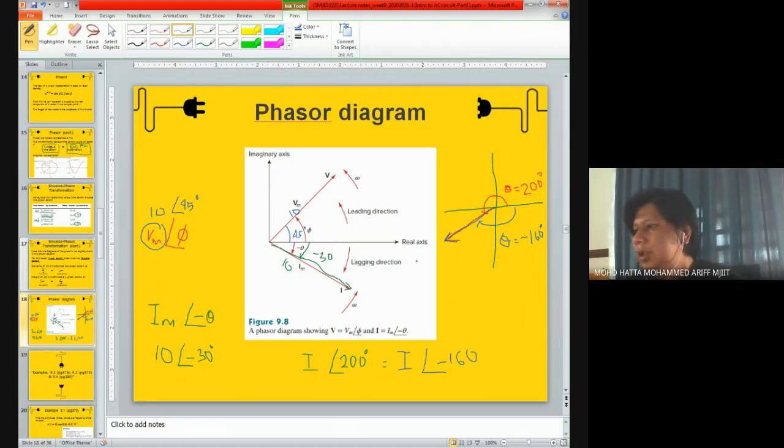So this is how we represent our vector in graphical representation. This is useful for you in order to analyze which one is leading, which one is lagging.